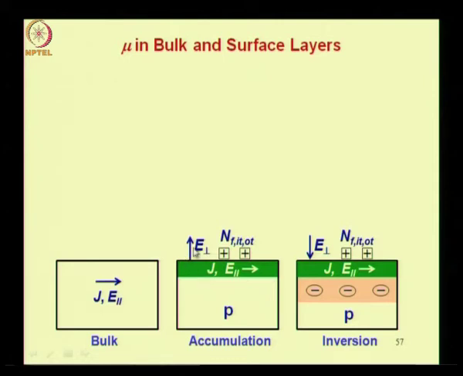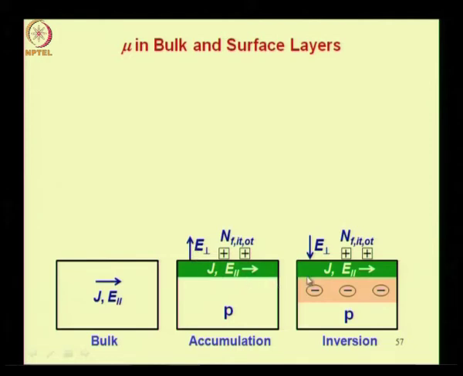Now this is where we find the perpendicular electric field denoted as E perpendicular. It is this field that is holding on to these mobile carriers at the surface. So if it is a p-type semiconductor, and you have an accumulation layer of holes, then the electric field will be outward from the semiconductor.